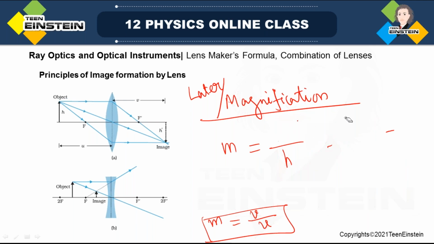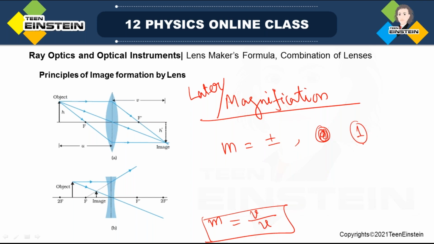Depending on the sign of v or u, m can be positive or negative.